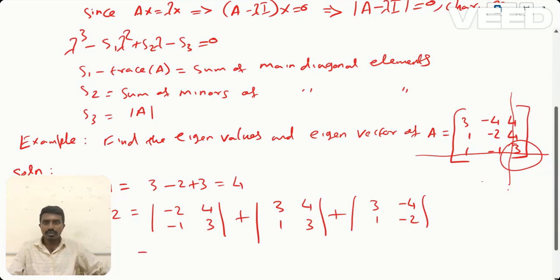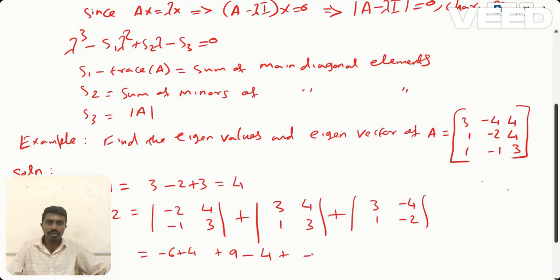So this is equal to, now find the 2 by 2 determinants. The cross multiplication: minus 2 into 3, so minus 6, minus 1 into 4, minus 4, so minus 6 plus 4, plus 9 minus 4, plus minus 6 plus 4.